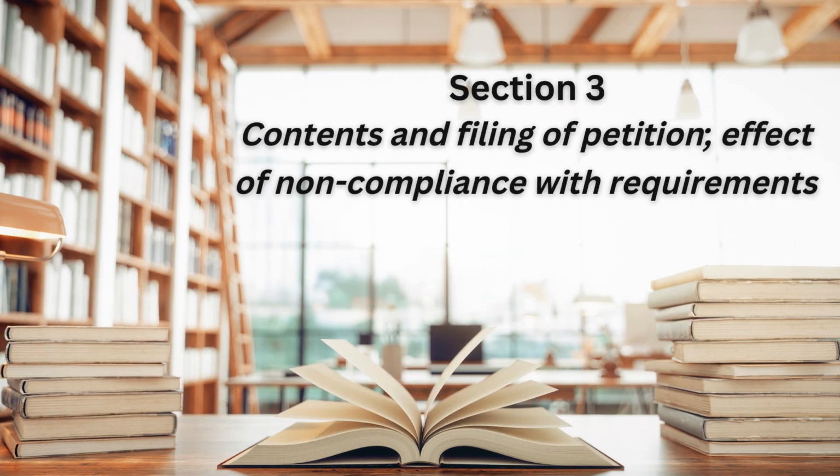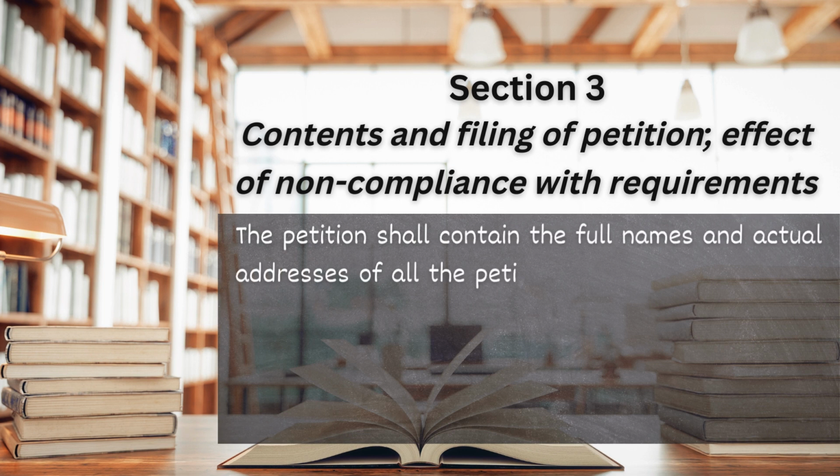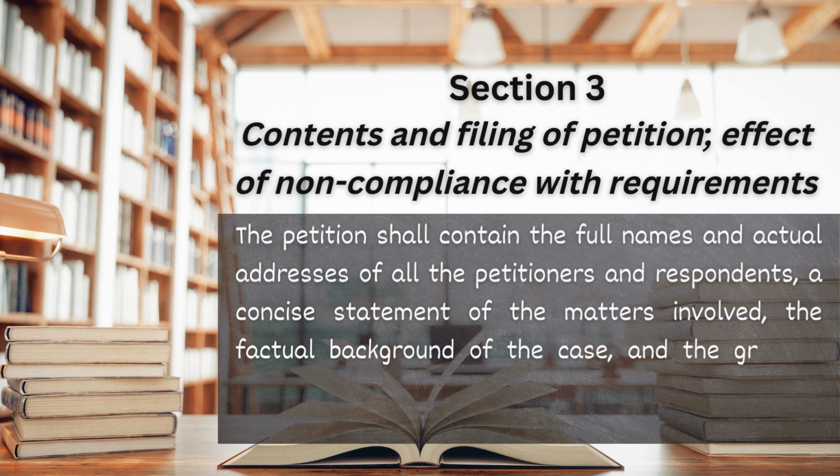Section 3. Contents and filing of petition, effect of noncompliance with requirements. The petition shall contain the full names and the actual addresses of all the petitioners and respondents, a concise statement of the matters involved, the factual background of the case, and the grounds relied upon for the relief prayed for.